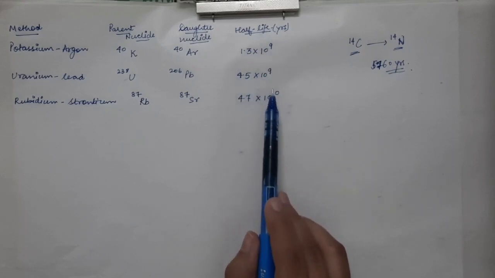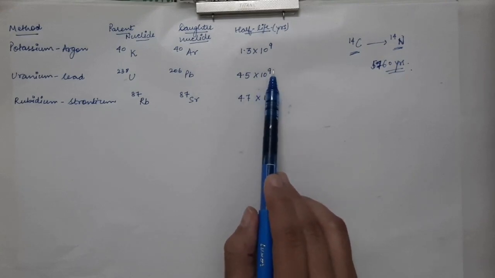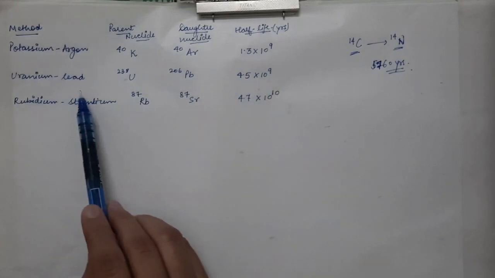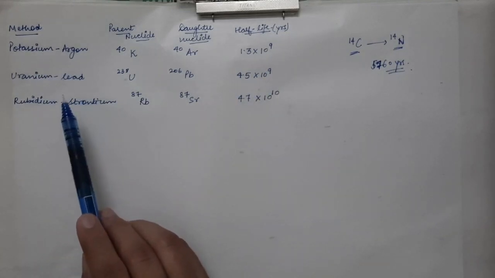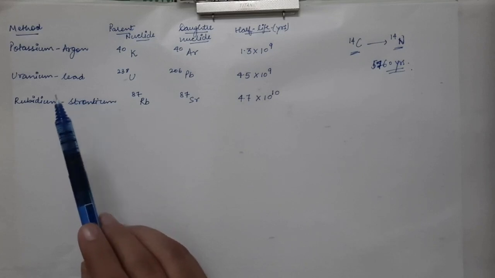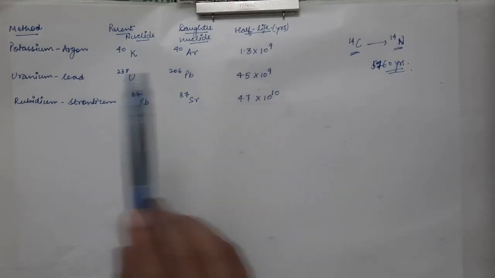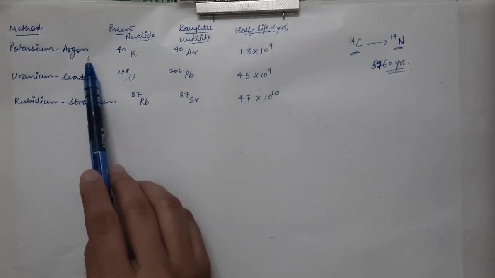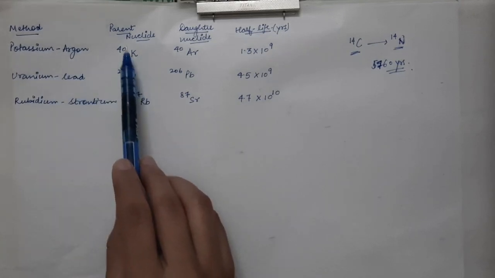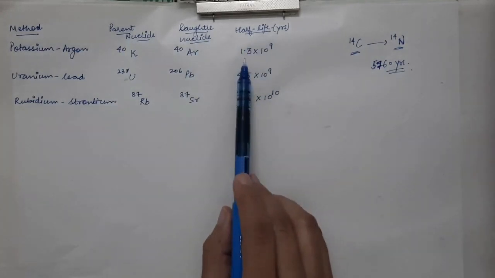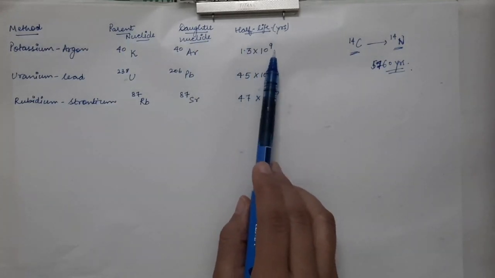You can clearly see the half-lives are of the order of 10 power 9. So obviously these methods will help us in determining the age of very old specimens which are older than 50,000 years.